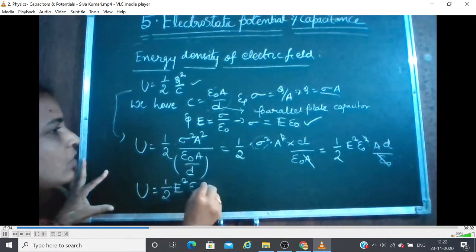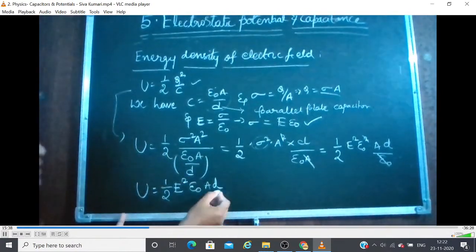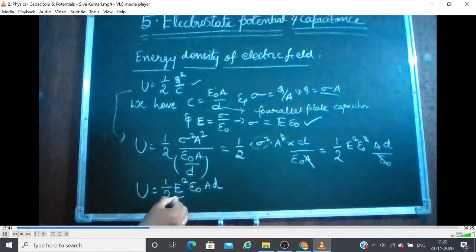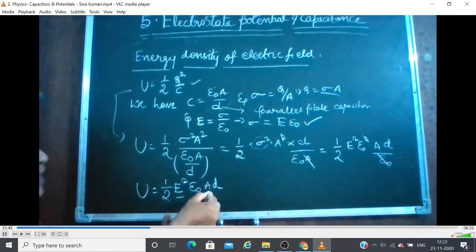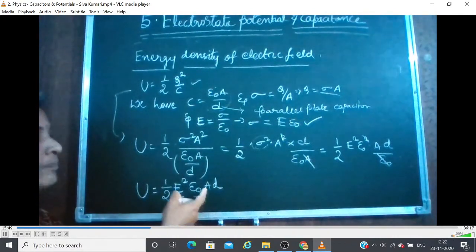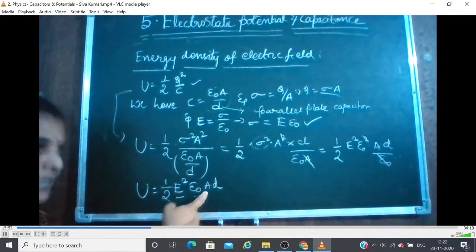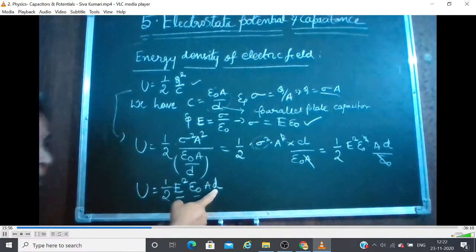into epsilon naught into A into D, where E is the electric field intensity, epsilon naught is the permittivity of that medium, A is the area of the plates, and D is the distance between the plates.